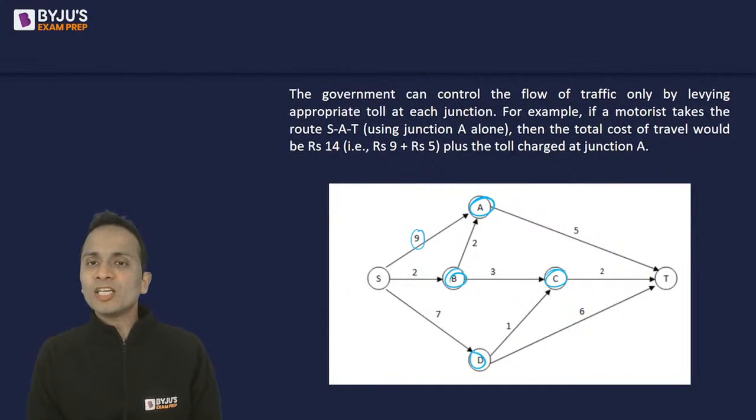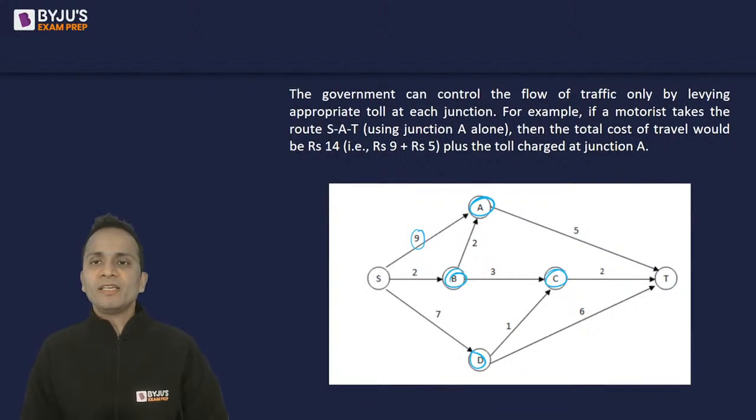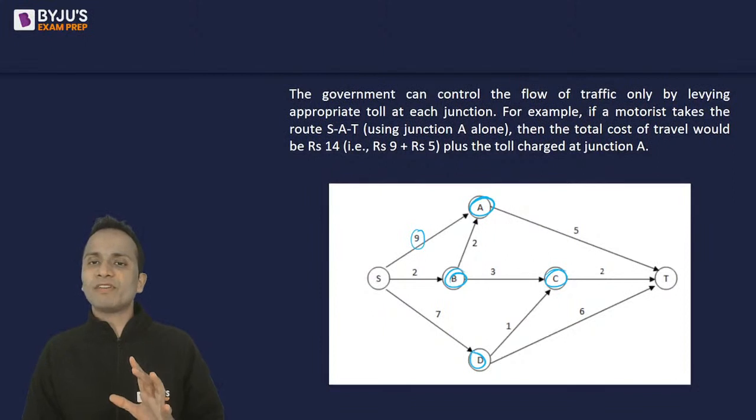The government can control the flow of traffic only by levying appropriate toll at each junction. So as you can see, there are four junctions A, B, C and D. So the government can levy different toll taxes on each of these junctions to control the traffic flow.